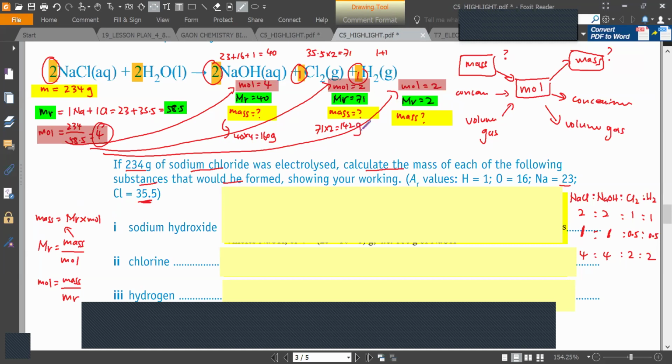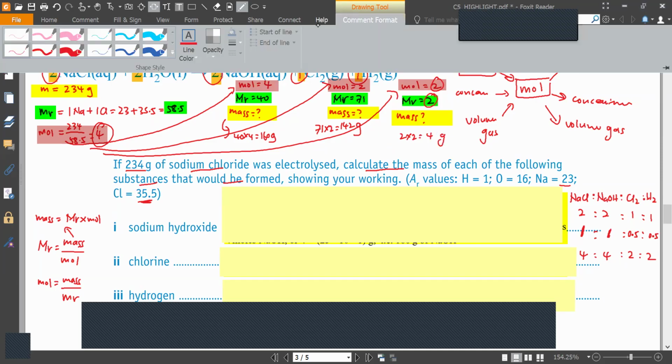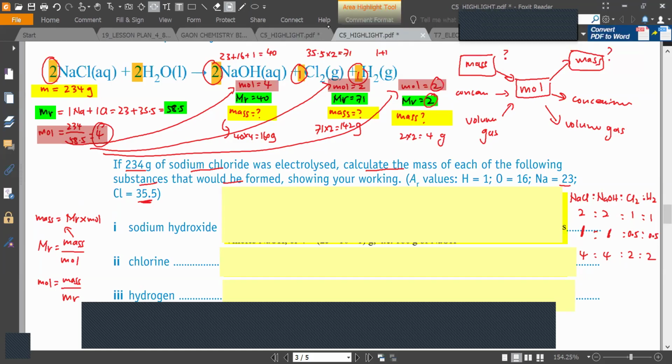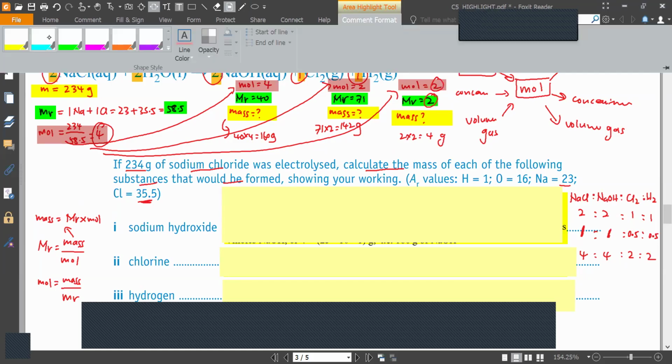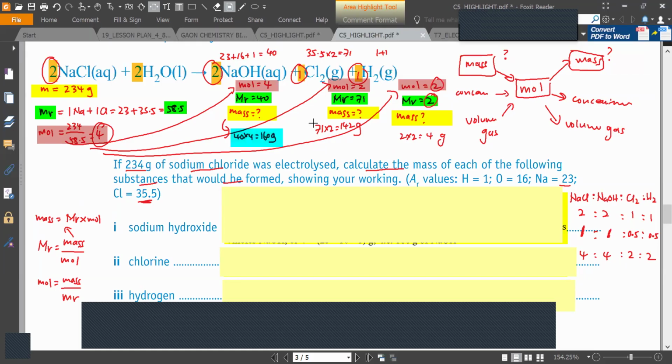Grams. And then this one is 2 times 2, this is 4 grams. So in the final step, we get all of the answers at one go. If we understand the concept, it is straightforward. We just need to recall our mole concept.